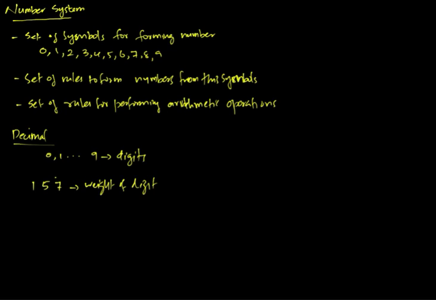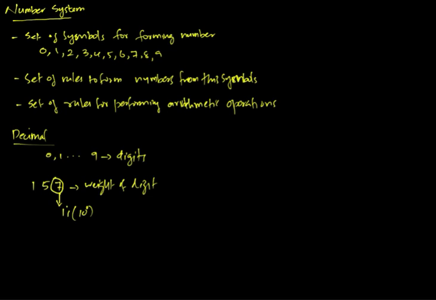Here the digit 7 is in the first position from the right, or last position from the left, in the position of ones, so it has the weight of 10 raised to 0.